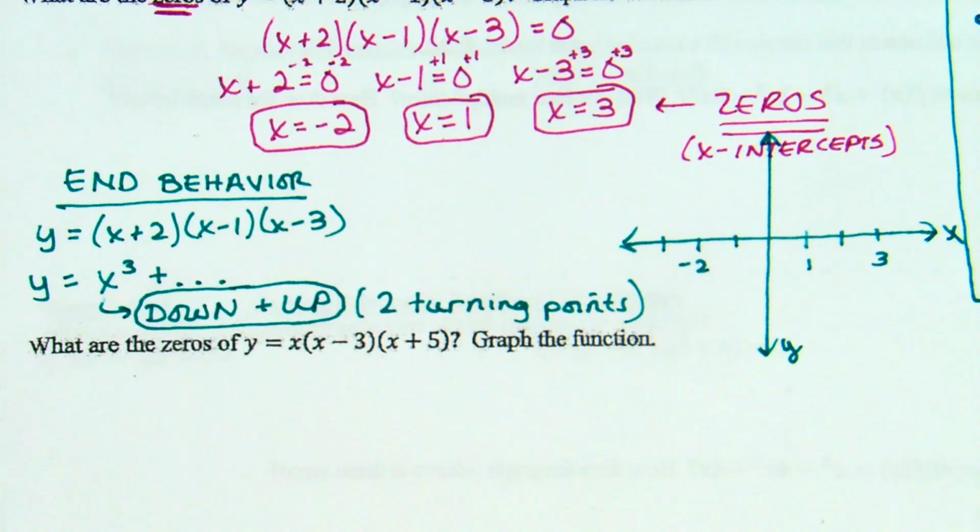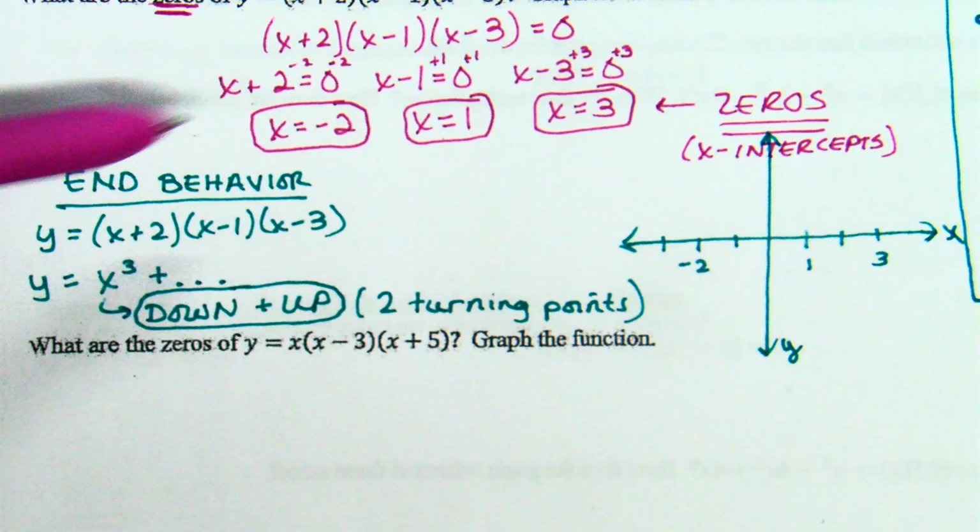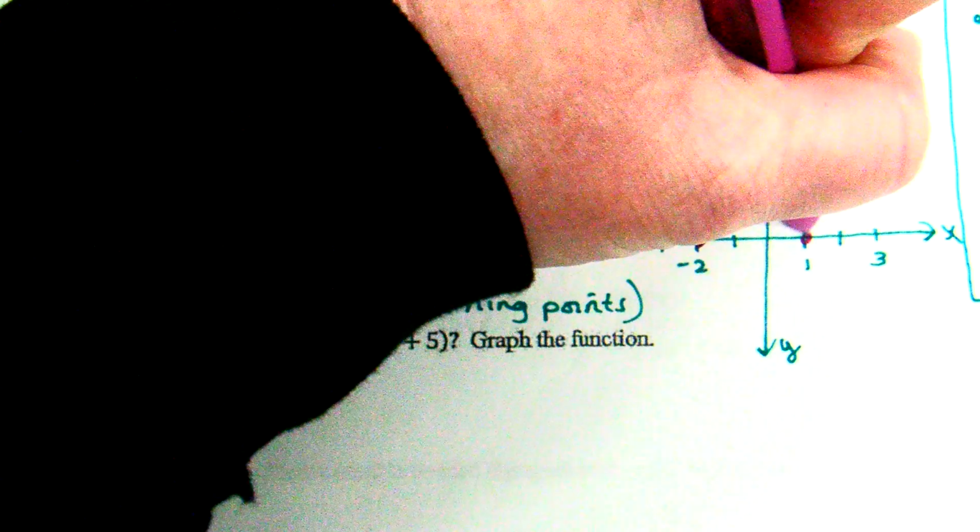X-intercepts. So where do I know 3 points on my graph are? On the x-axis, -2, 1, and 3. So I'm going to put dots there. -2, 1, and 3. I know my graph goes through those points. Guaranteed.